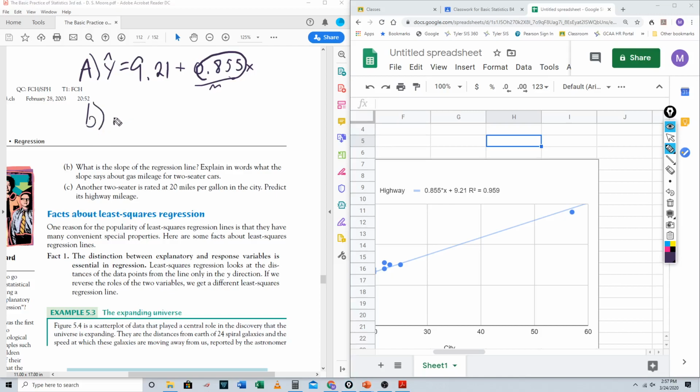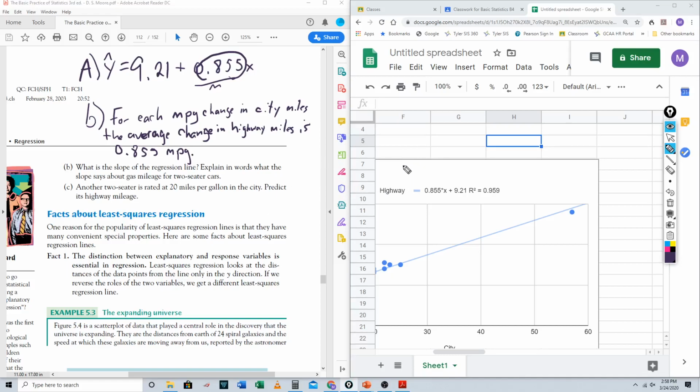So B, for each unit change in city miles, so that's miles per gallon change in city miles, the average, again, you have to use that average, spelled with all the letters, average change in highway miles is 0.855 miles per gallon. Right?